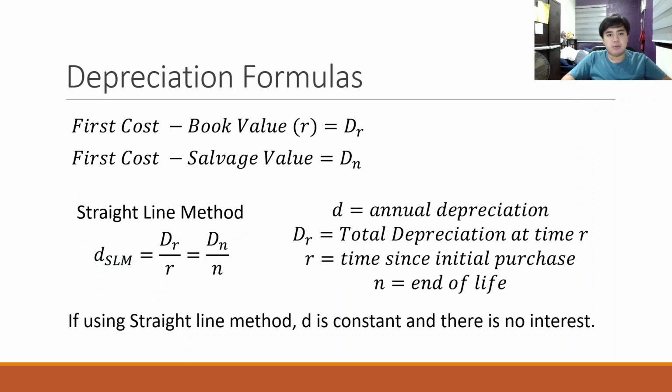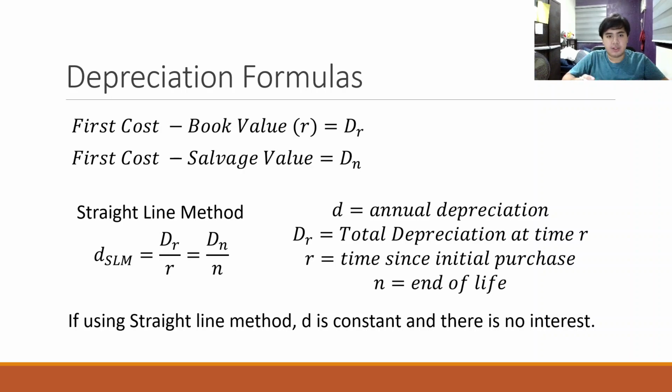So these are the depreciation formulas. First cost minus book value at time R equals the total depreciation at time R. So as book value goes down, the depreciation goes up. And at the end of life, or N, book value becomes salvage value, since you're going to sell it as scrap.